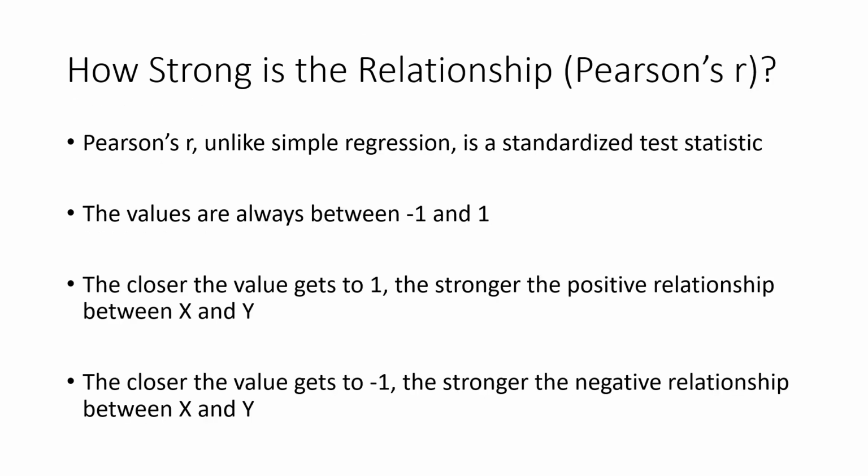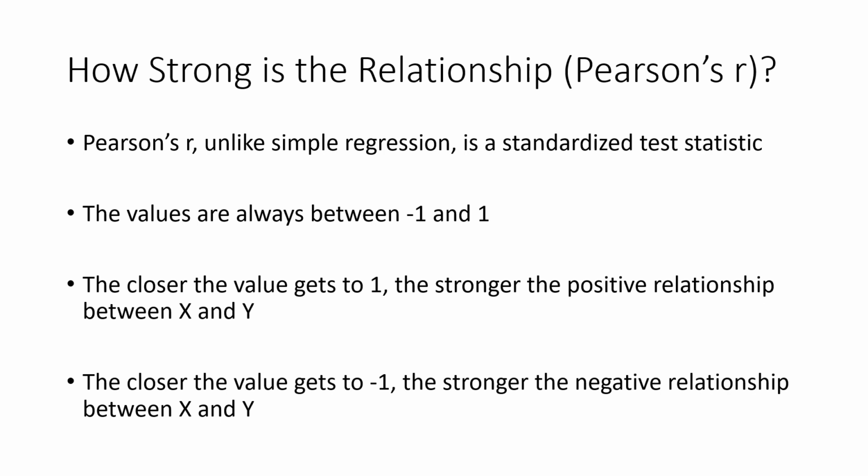Now, when we ask the question, how strong is the relationship, and we're using Pearson's R, we can very easily answer this question, right? In comparison to simple regression where it's difficult to answer that question. Pearson's R, unlike simple regression, is what we call a standardized test statistic.